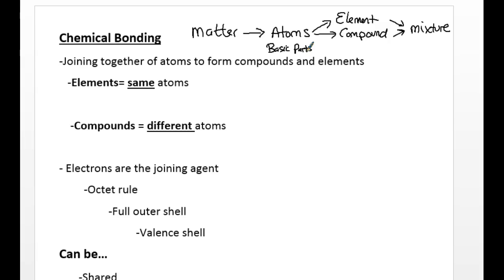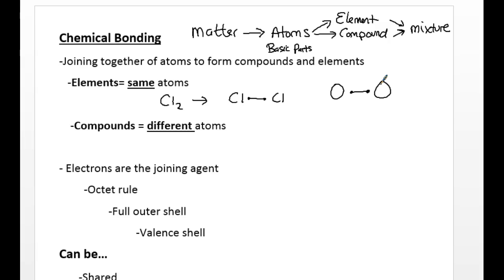So whenever chemical bonding is taking place, we could have the same atoms, and that forms elements. So we might have Cl2, which is really Cl joined with Cl, chlorine and chlorine. So that's an element. We could have oxygen. Oh, a bond here. Usually that line always represents a bond.